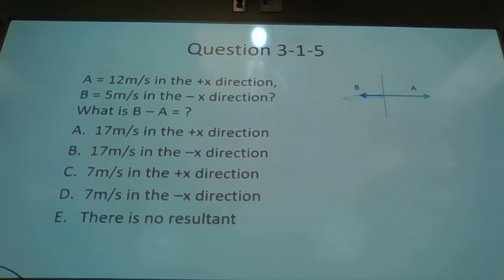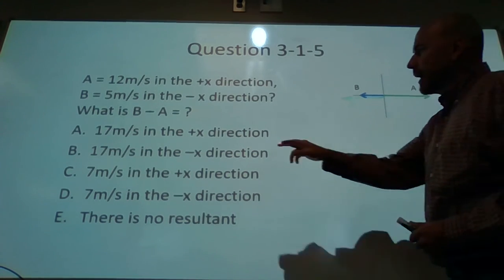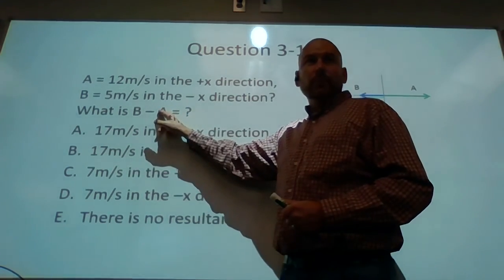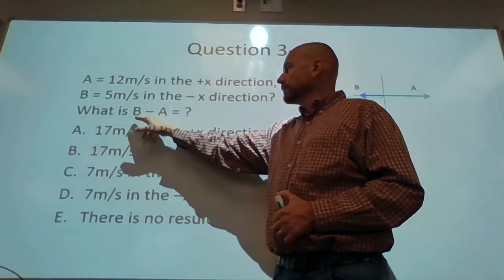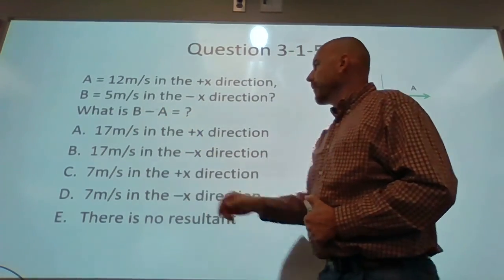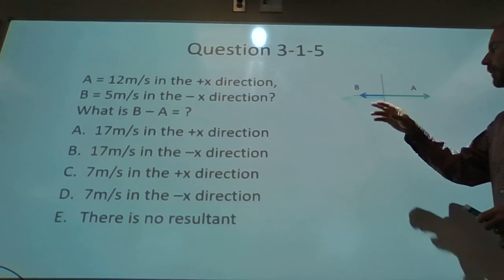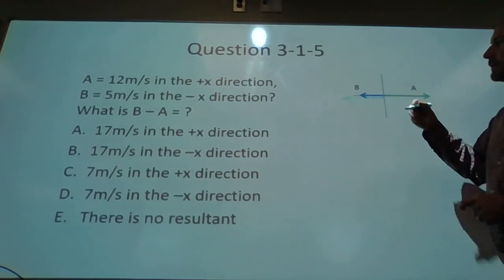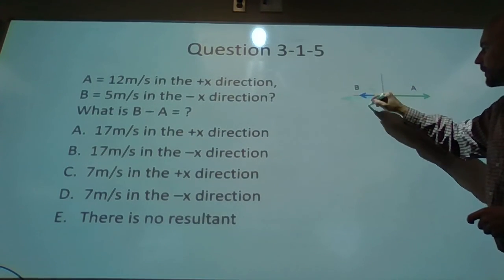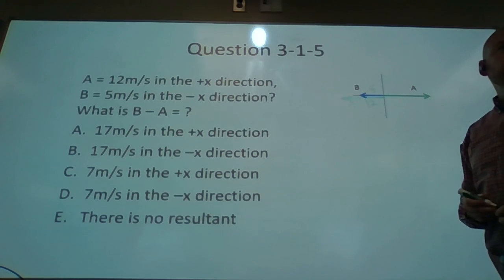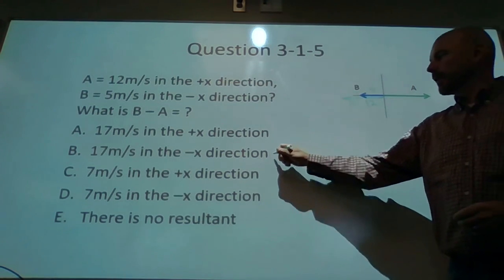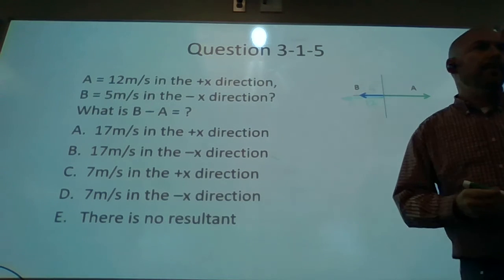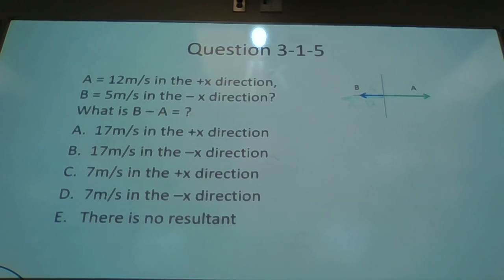Now it's just an addition problem because we've handled the negative. So now it's B plus this negative A. We have 5 to the left plus 12 to the left, which gives you 17 to the left. B.